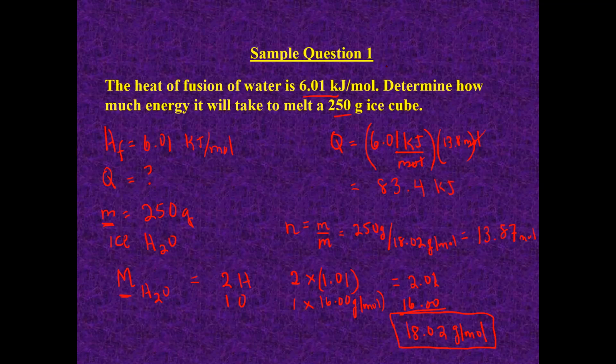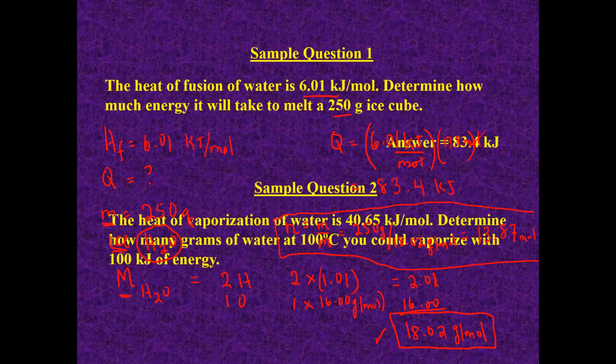So these are two-part problems. I had to calculate the number of moles first, and that required me to calculate the molar mass of water, of ice, H2O. Okay, this second sample question I am going to let you try.